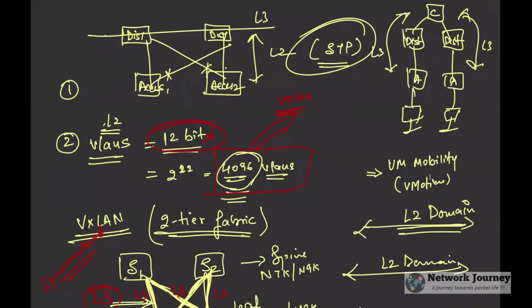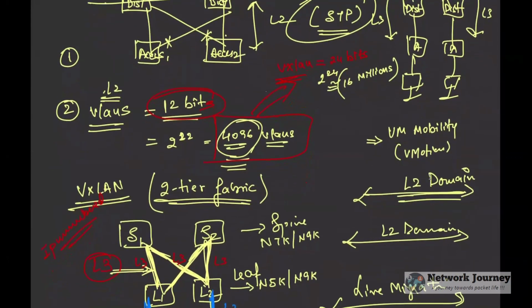VXLAN gives you 24 bits, that means 2 to the power 24, which comes to approximately 16 million. So 16 million segments you can now form, although this is a theoretical limit and no one reaches that limit.